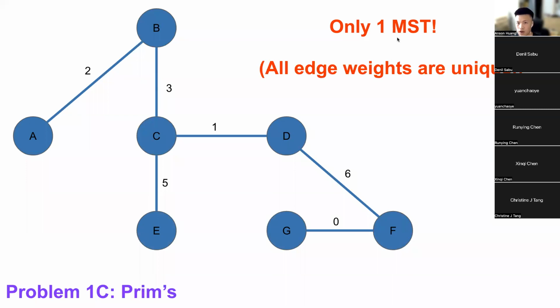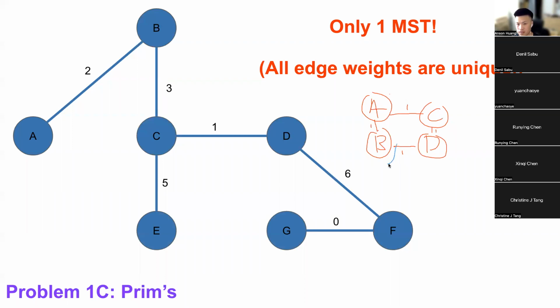The reason there's only one MST in this example is because all edge weights are unique. But in the situation where you have multiple of the same edge weight, so let's say we have A, B, C, D, and each edge weight is 1, then you can have 4 different minimum spanning trees in this example.